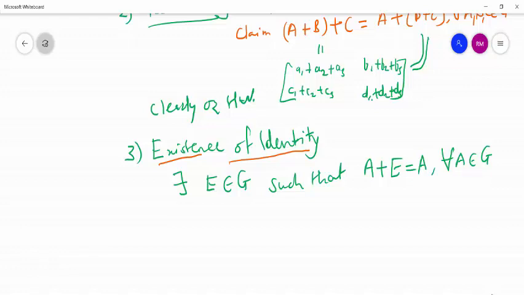So we have to check whether there exists such a matrix E in G or not.